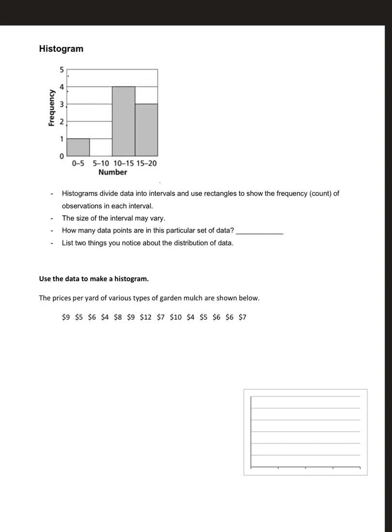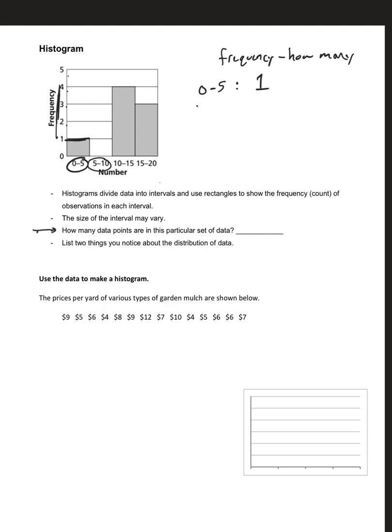So in this example, the histogram, the first thing they're asking is, how many data points are in this data set? Now remember, the frequency tells us how many data points. So let's look. On the range 0 to 5, we have 1 data point.